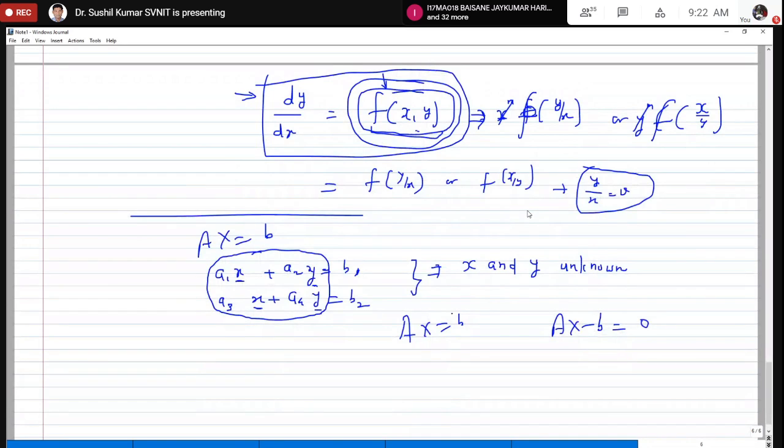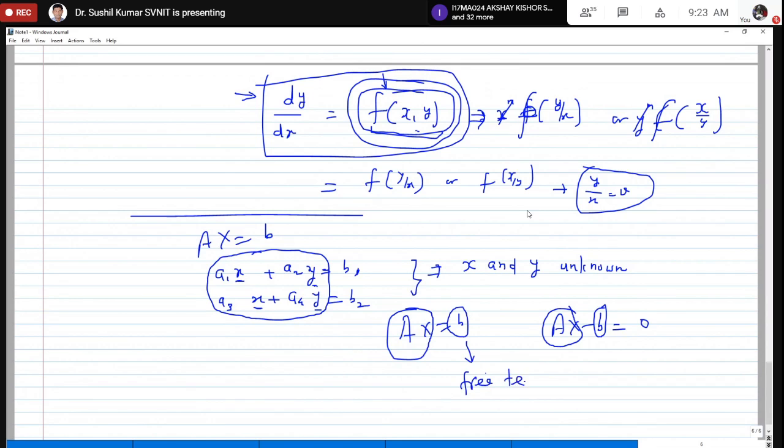So what is the conclusion here? This part contains your unknowns, but this part is free from unknown. A term in the equation which is free from unknown is called a free term. So this is your free term, this is also your free term, because it is free from unknown.